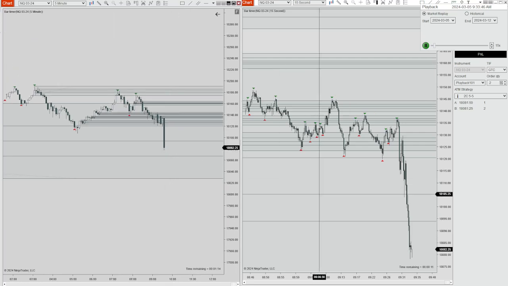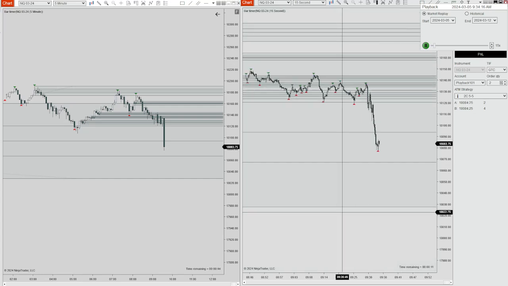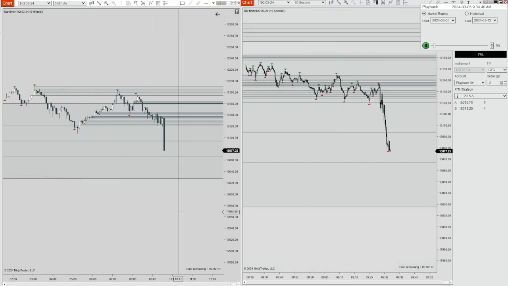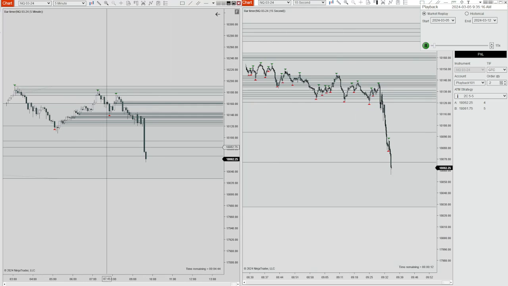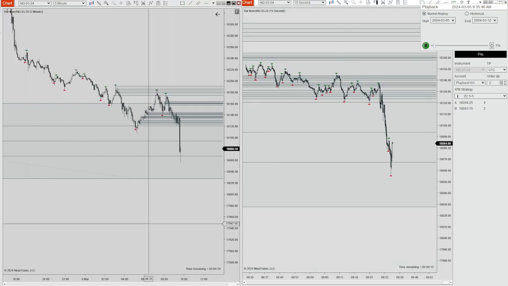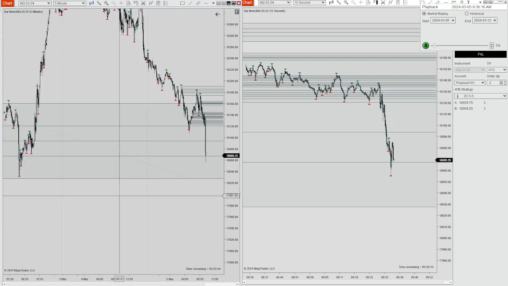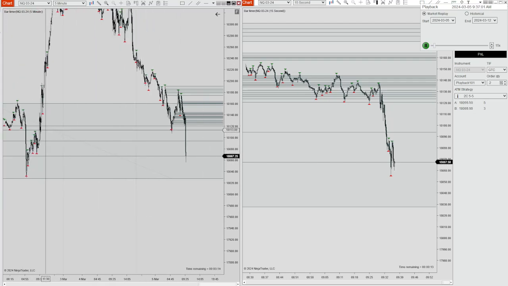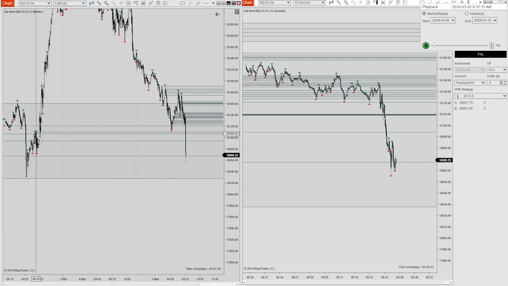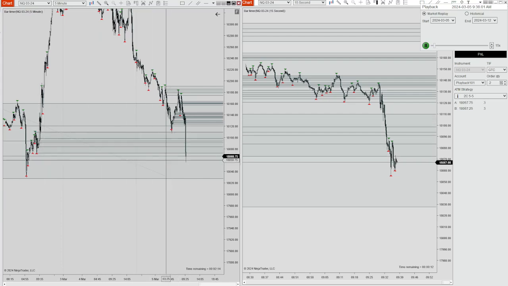But this is a pretty strong bearish move. Right now, this larger zone is starting to be fully mitigated. There's a little here.